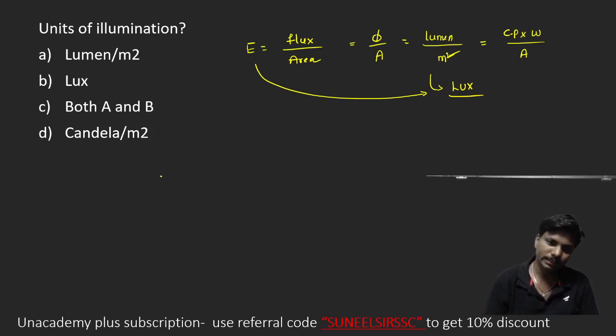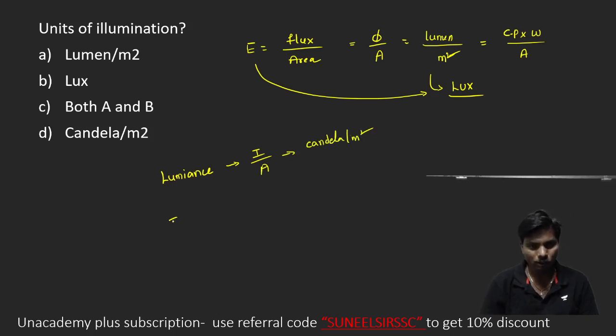Here the difference is luminance or brightness, which is luminous intensity by area, so candela per meter square. And illumination E is lumen per meter square or lux.